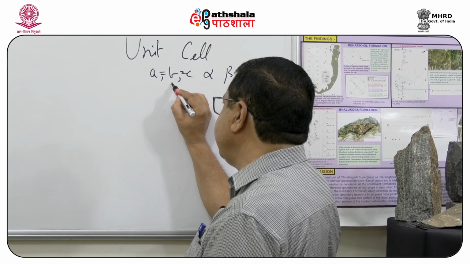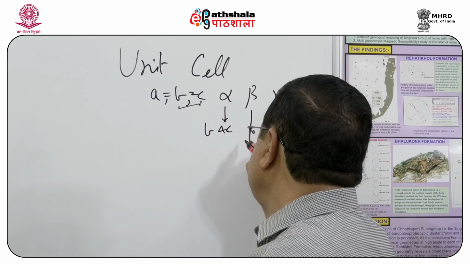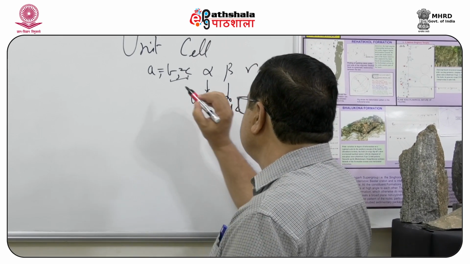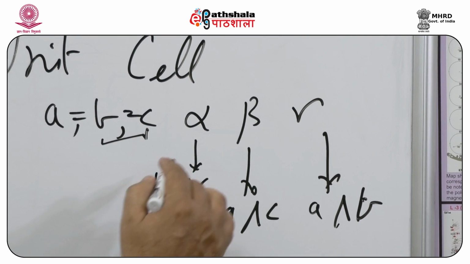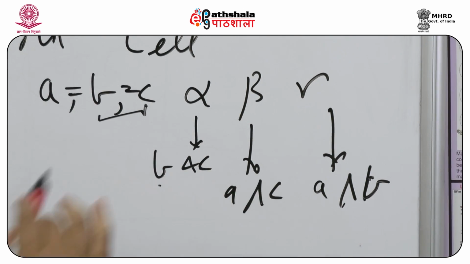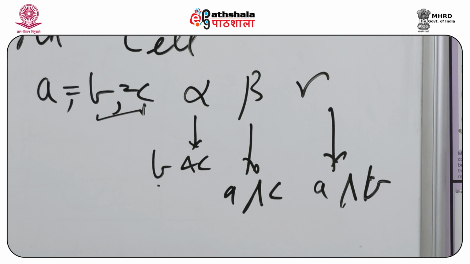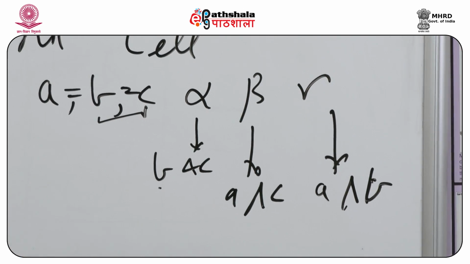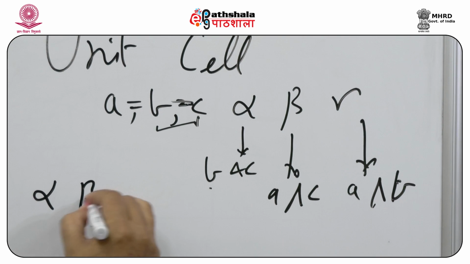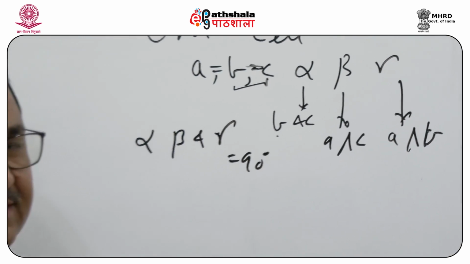Alpha is the angle between the B and C crystallographic axes, beta is between A and C, and gamma is between A and B. Now, in the cubic or isometric system, A equals B equals C, and alpha, beta and gamma are 90 degrees. So, this is one type of unit cell.